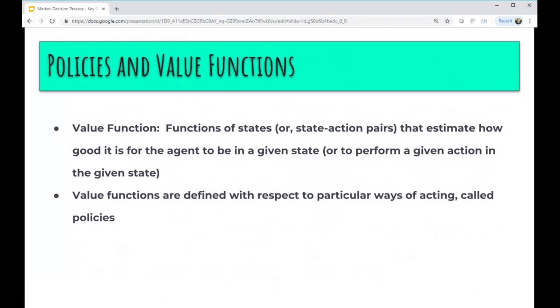Value functions are always defined in terms of particular ways of acting, and those particular ways of acting are called policies. So you'll see all throughout reinforcement learning the concept of a policy. If you follow a particular policy, you do one thing. If you follow a different policy, you take a different set of actions.